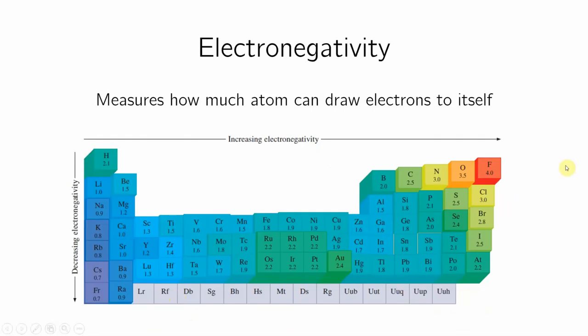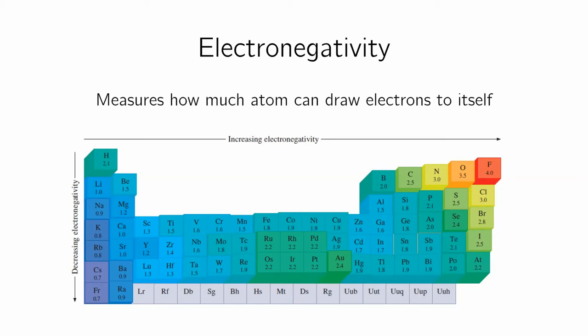All right. I want to talk about one more thing, electronegativity. So we talked about trends in the periodic table. This is one thing that we didn't discuss, but it's very similar to what we've seen already. Electronegativity is how much an atom wants to steal another's valence electrons.